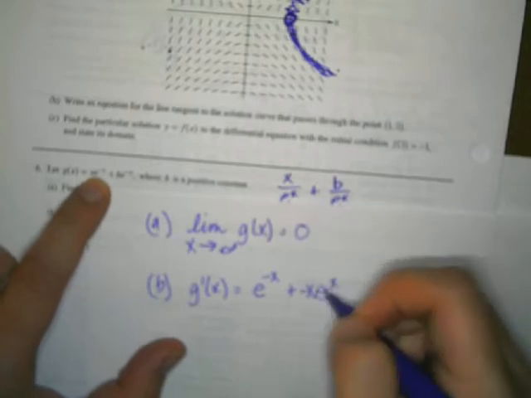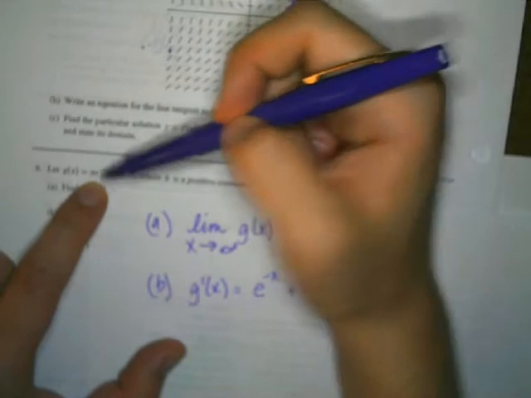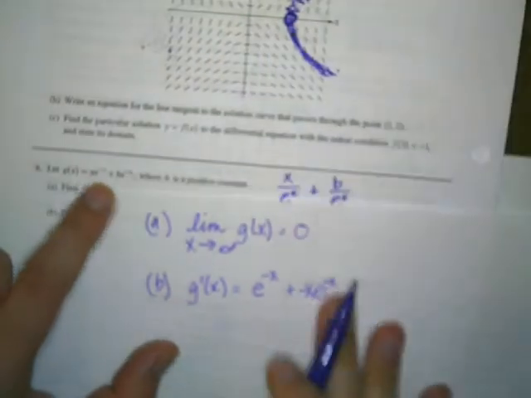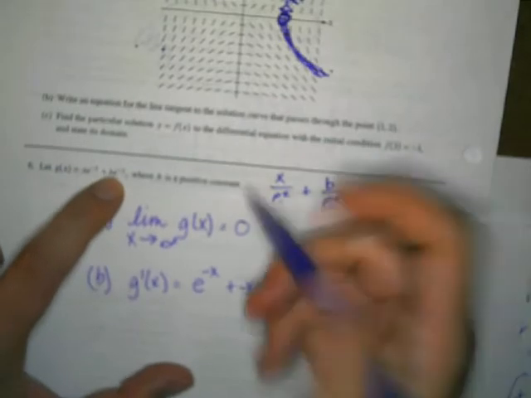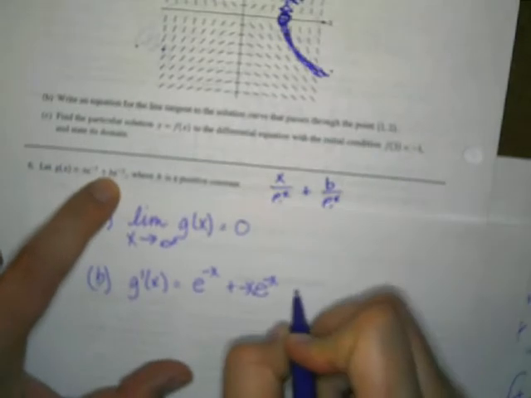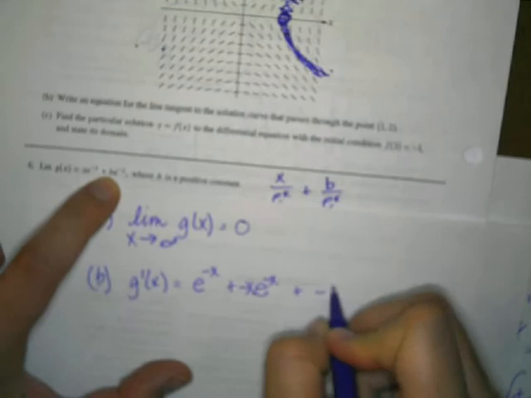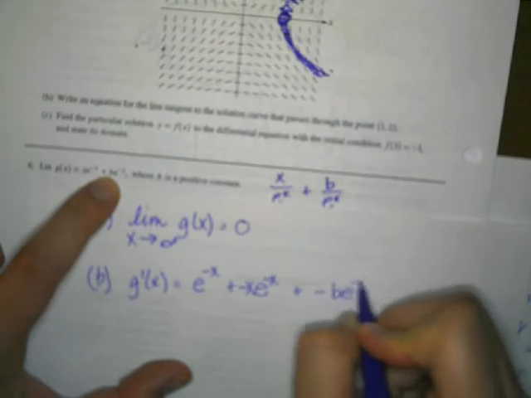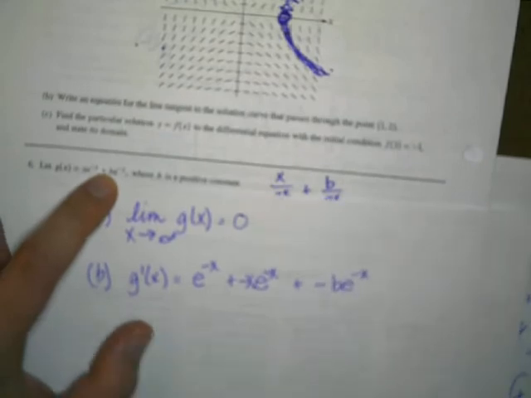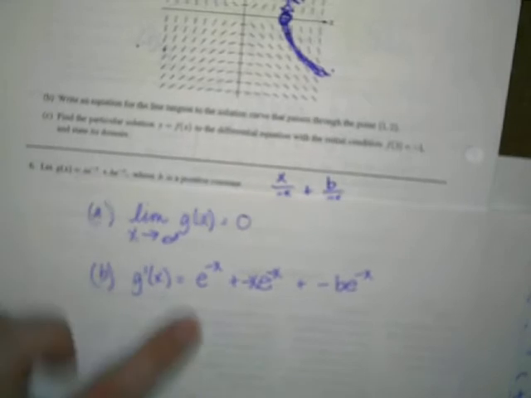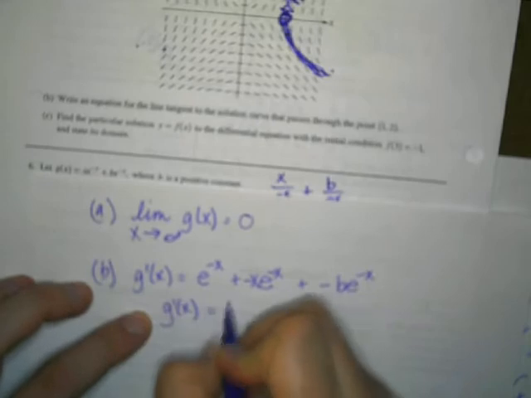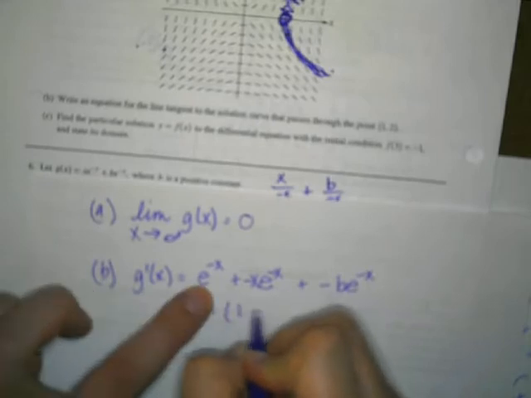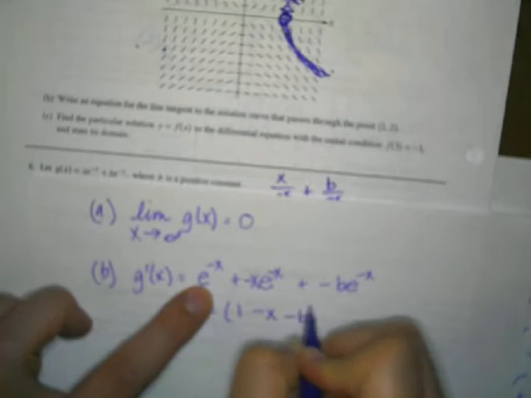which derivative of e to the negative x is e to the negative x times -1. And then the same thing here, except that b is just a constant, so it'd be plus negative b e to the negative x. Okay, so there's my derivative. And I'm going to factor out my e to the negative x here. So I get 1 minus x minus b.